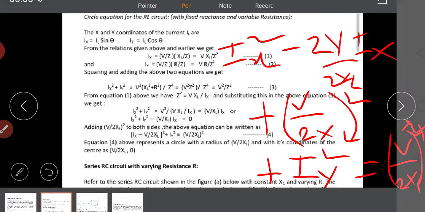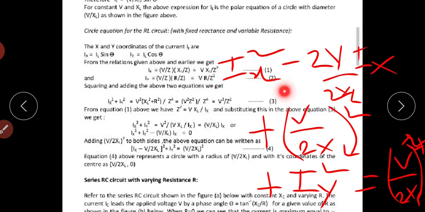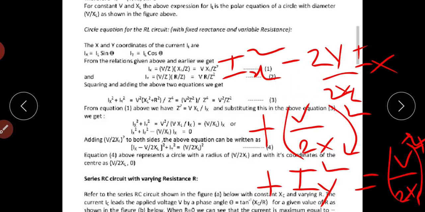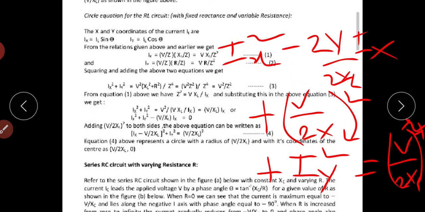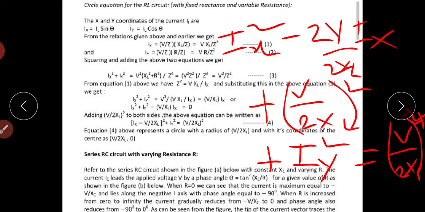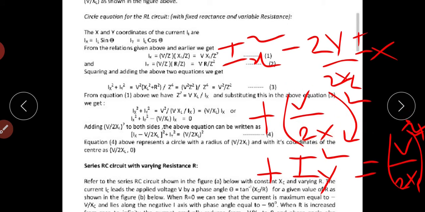Up to this point, it is in the form of a minus b whole square, where a is Ix and b is V by 2XL. So this can be written as Ix minus V by 2XL whole square plus Iy square equals V by 2XL whole square.